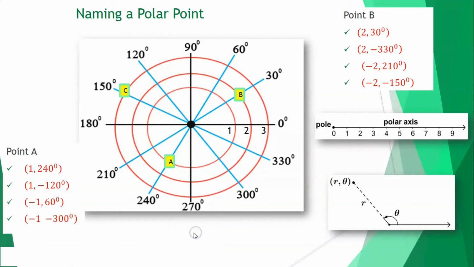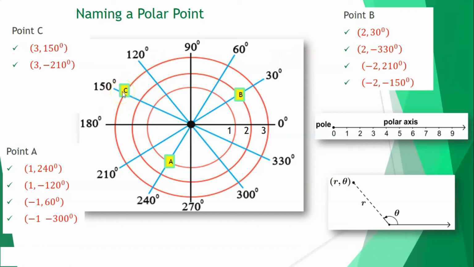Okay, one last. I have here point C, and point C is located in the second quadrant, along radius 3. With this, the positive angle for point C is 150 degrees, and the negative angle equivalent is negative 210 degrees.